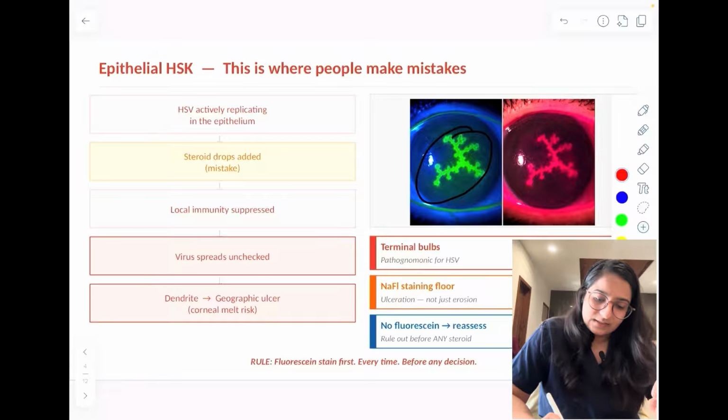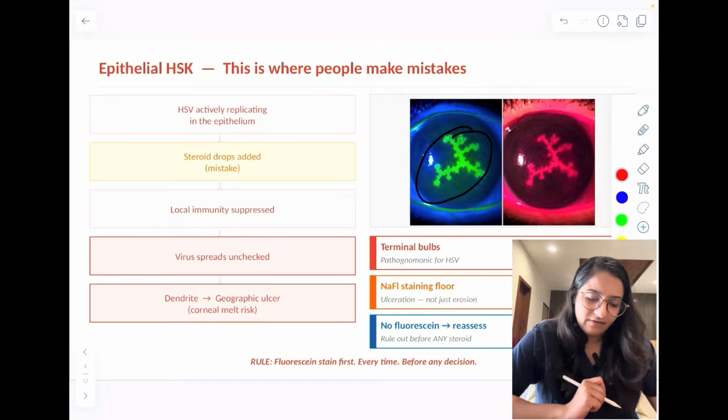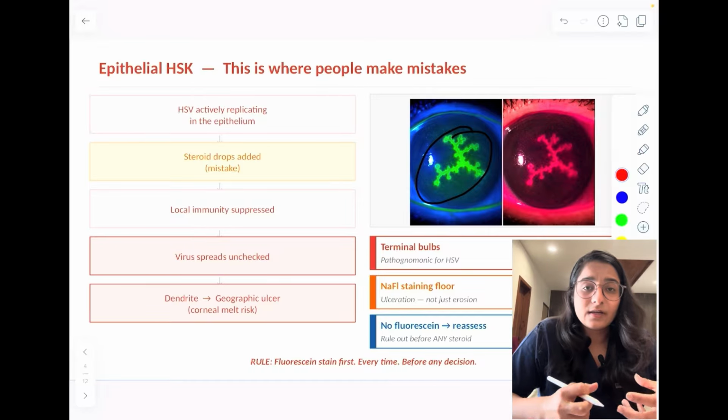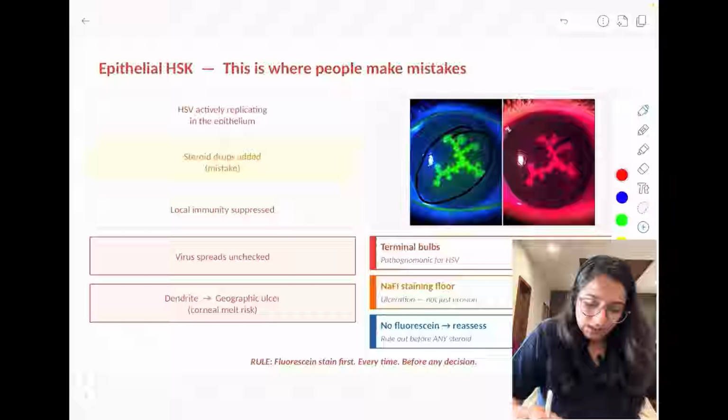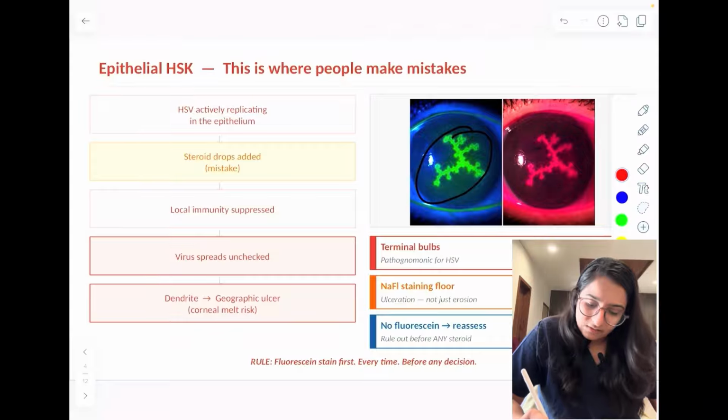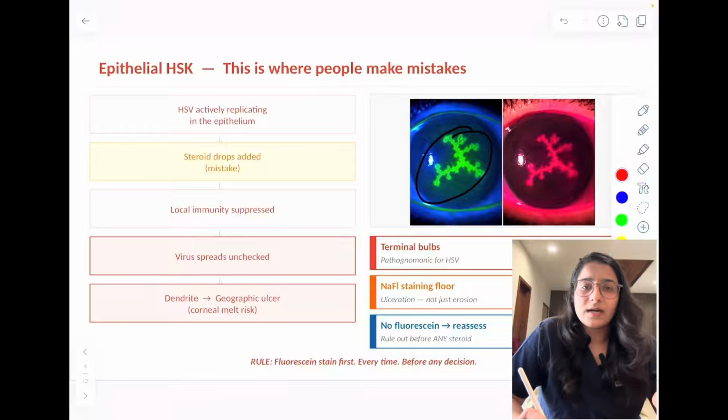The whole epithelial layer gets involved and it causes geographic ulcer, and it has a corneal melt risk. So how to identify epithelial HSK? It has terminal bulbs stained by fluorescein stain, and if there is no fluorescein staining, reassess, because we don't want to start steroid in case of herpes simplex epithelial keratitis.